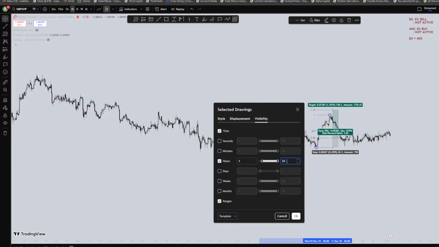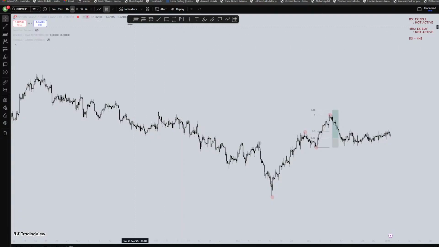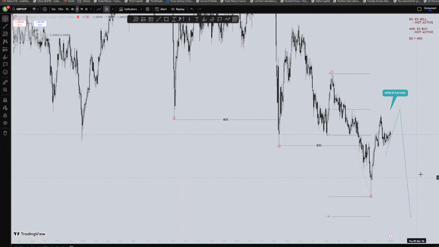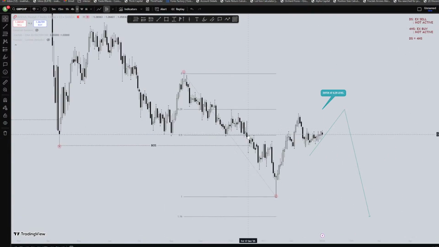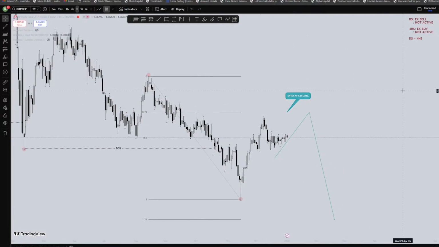I have to make it visible on the 4-hour. The 4-hour time frame. So we are waiting for price to come back here. So we can an internal one, then BOS break. So we are hoping that price will go higher.